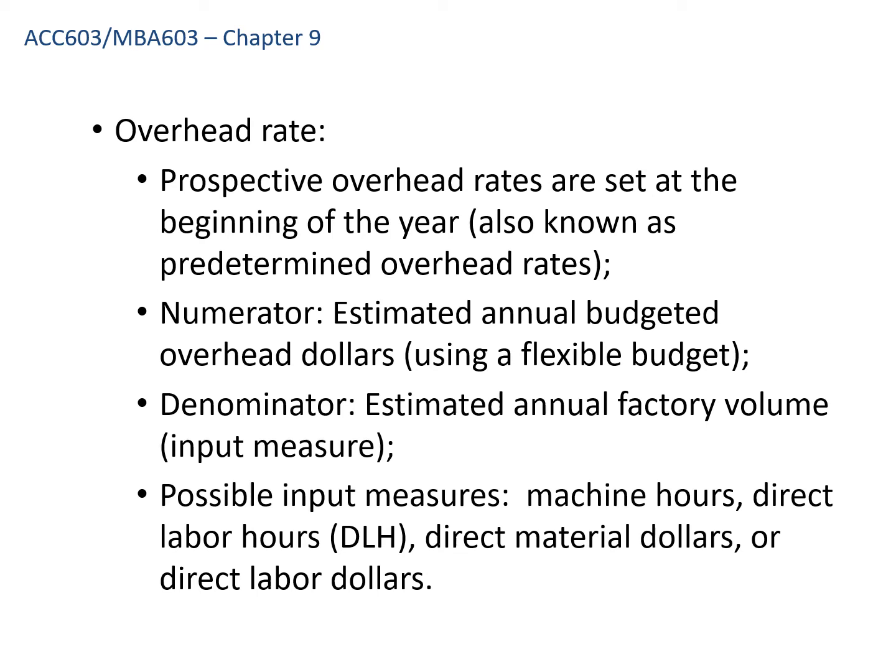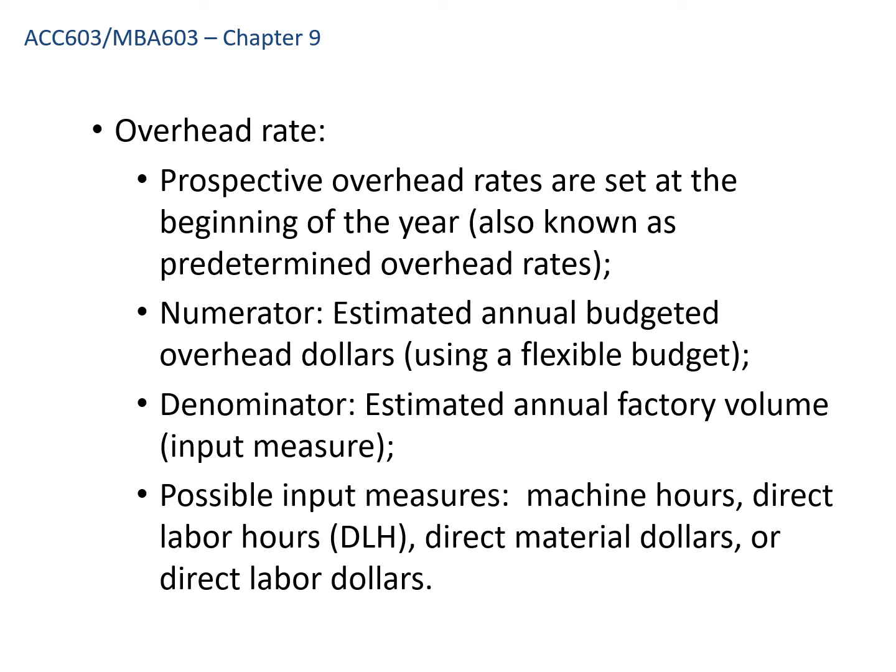So the thing that I want to choose for an input measure is the level of input activity that actually drives the majority of the overhead cost. So if I have a highly automated factory, say a Tesla factory with lots of robotic welding and all of that kind of stuff, one of my biggest costs is going to be depreciation and engineering time keeping those robots running.